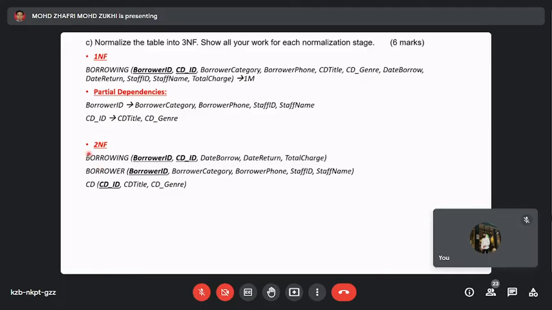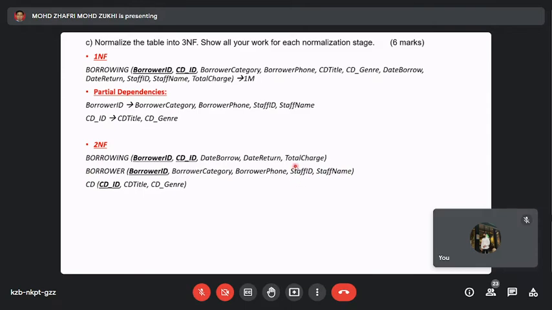Okay, so this is the complete answer for second normalization form. If you take a look closely at the second normalization form, you will notice there are some attributes that can be extracted into a new entity. If you look at the borrower, we have staff ID and staff name.